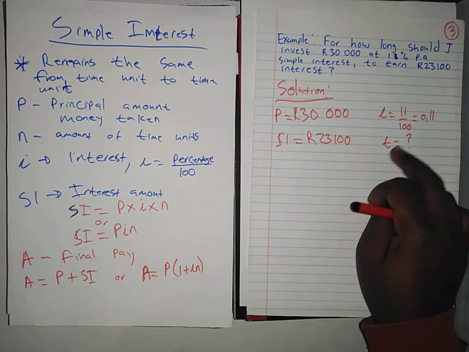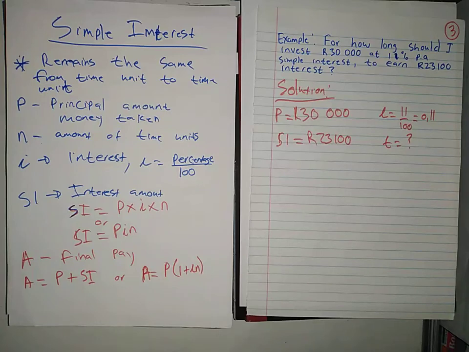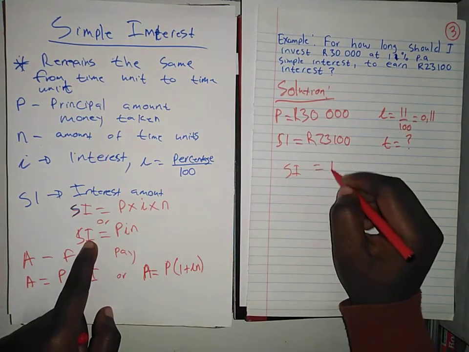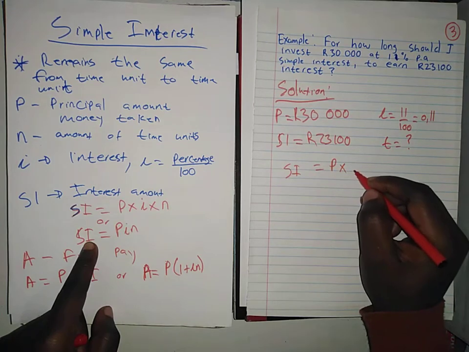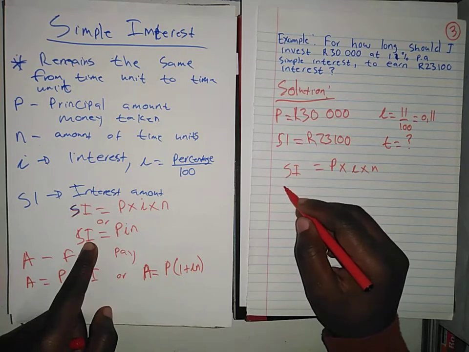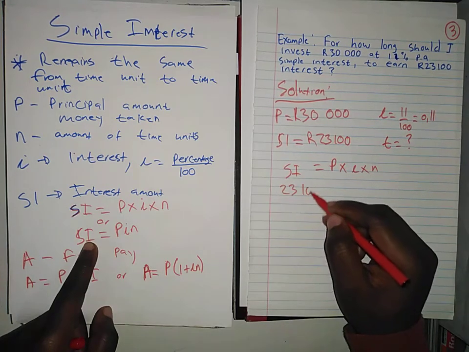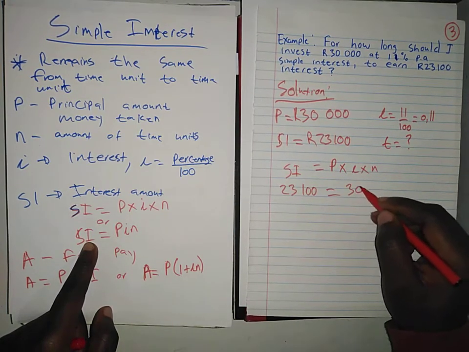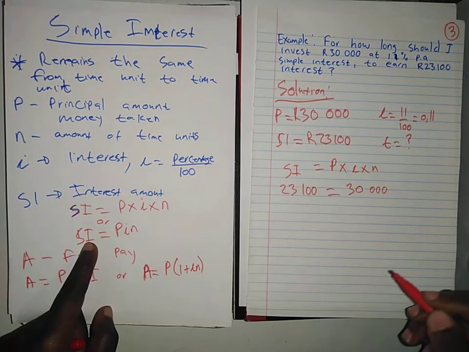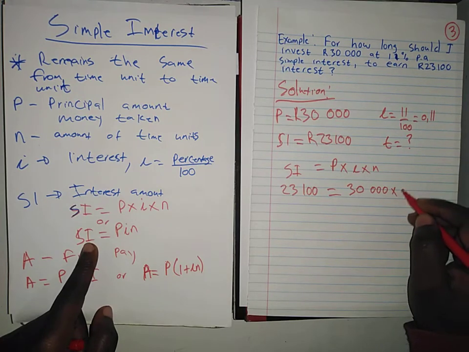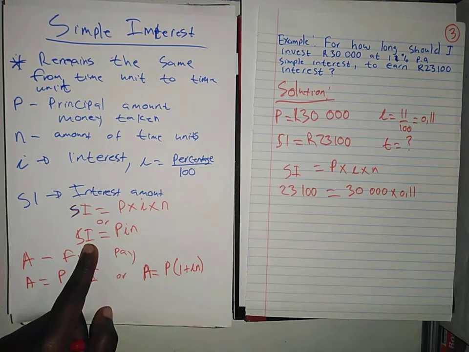So I'm going to look for a formula that contains what I've been given and what I'm looking for. The formula that I have is this one. SI is equal to P times I times N. My SI, I already have, is 23,100. My P is 30,000, and my I is 0.11.